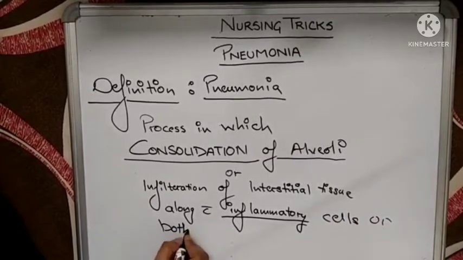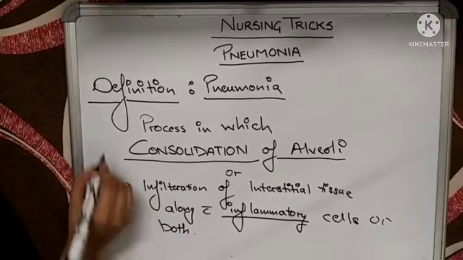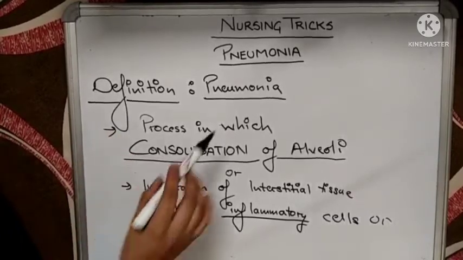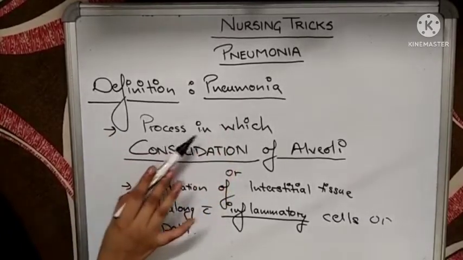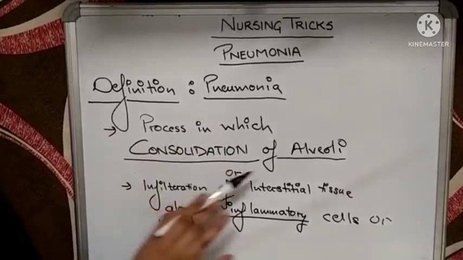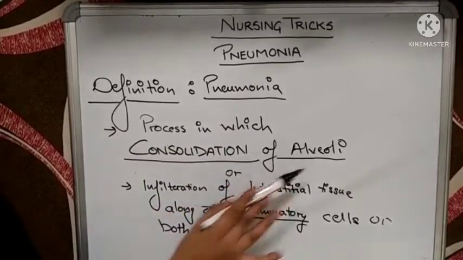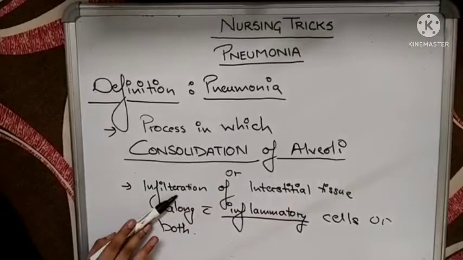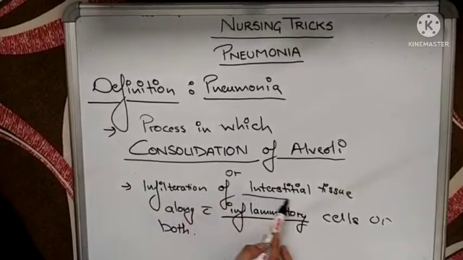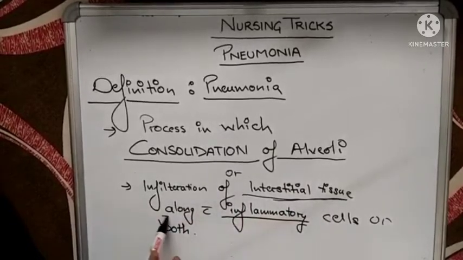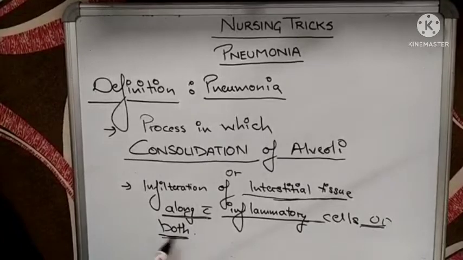Now if I have to say the definition in one go, then pneumonia is a process in which there is a consolidation of the alveoli, or there is an infiltration of the interstitial tissues along with the inflammatory cells, or both things can happen together.